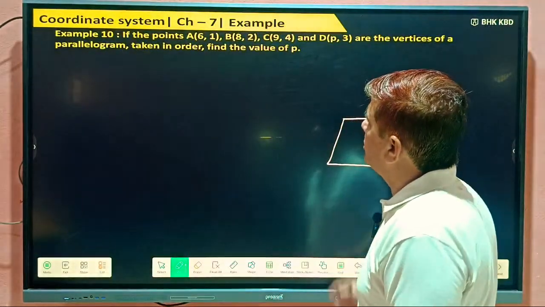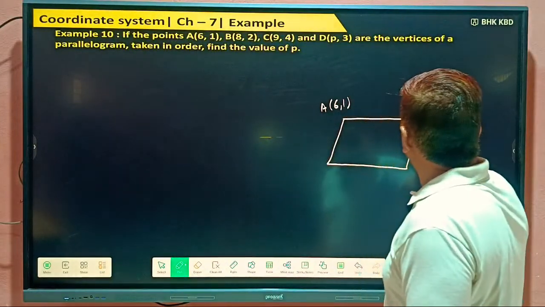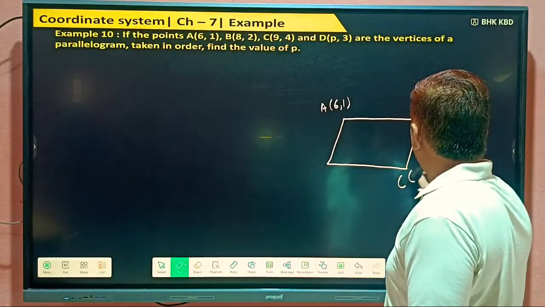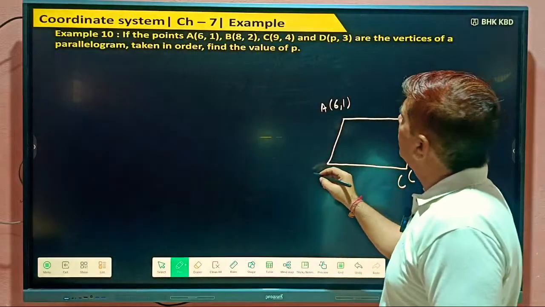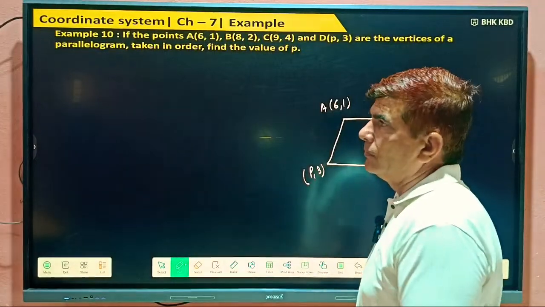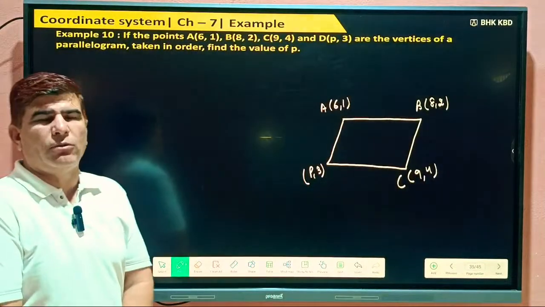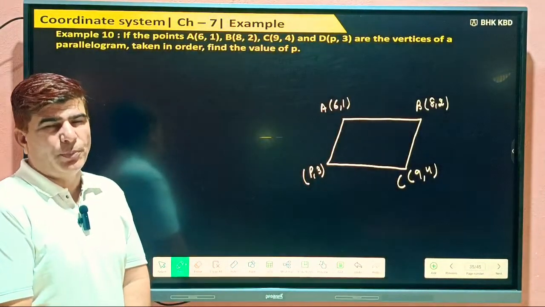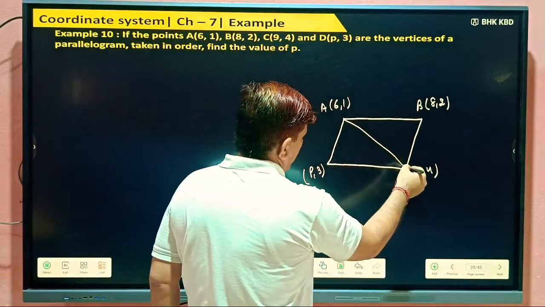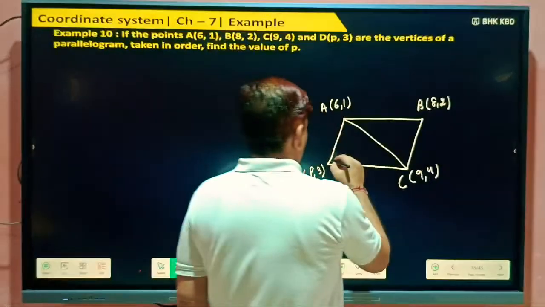So the coordinates are given: point A is 6 and 1, B is 8 and 2, C is 9 and 4, and D is P and 3. Understood? Taken in order, find the value of P. So this is one diagonal, and this is another diagonal.